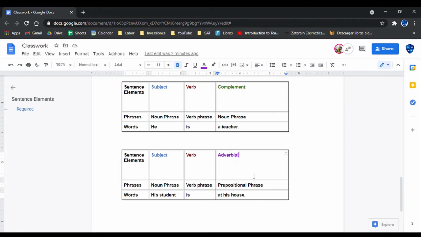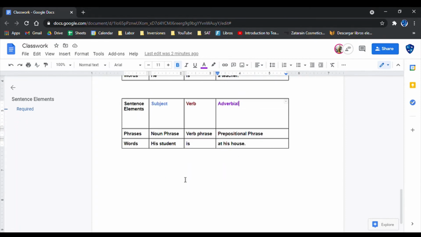Okay, so let's go step by step. Two things. The subject and the verb do matter, and the adverbial can sometimes be anywhere: in the beginning, in the middle, at the end. So let's do some examples, and then you can do some by yourself. His student is at his house.